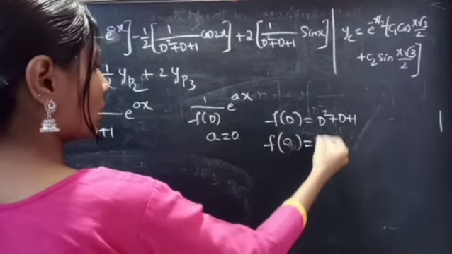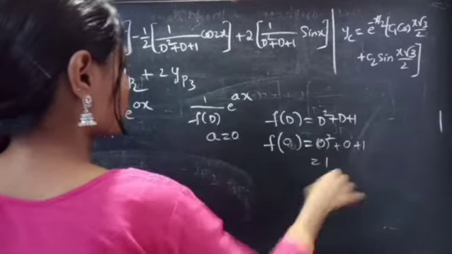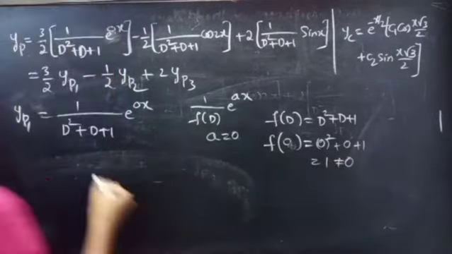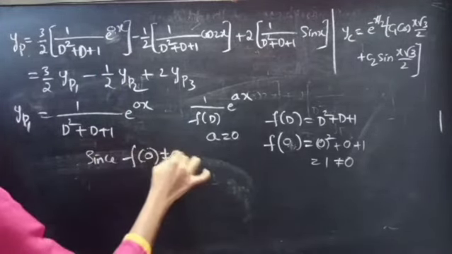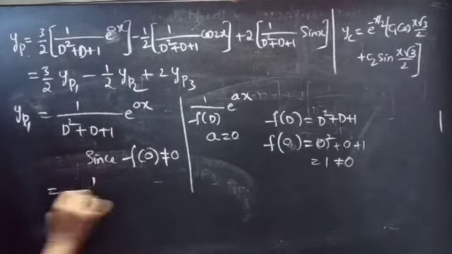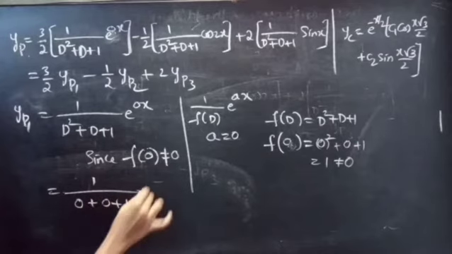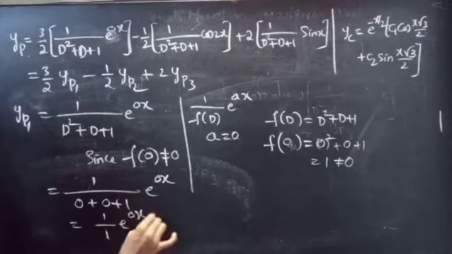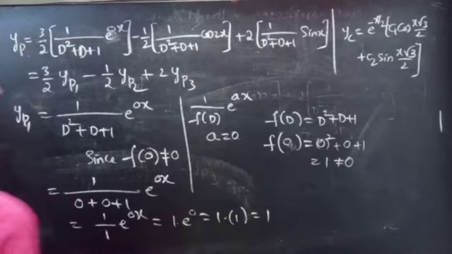Just replace D by 0, then you get 0 square plus 0 plus 1, which equals 1, which is non-zero. Since f of 0 is non-zero, we can just replace D by 0. We'll get 1 by 1 into e power 0x, which equals 1 into e power 0, which equals 1 into 1, equals 1.